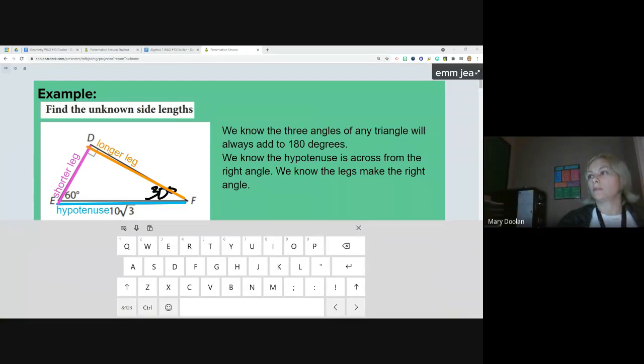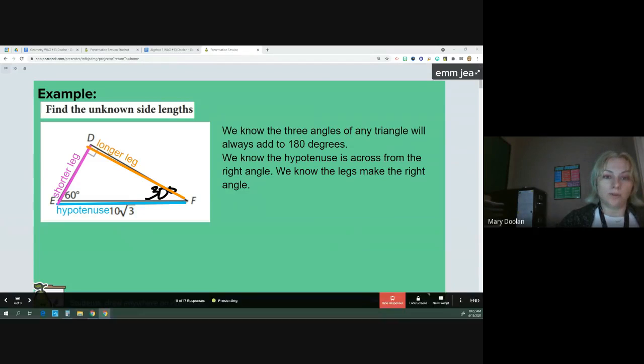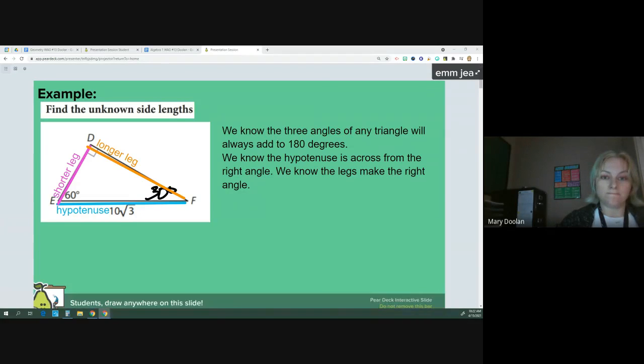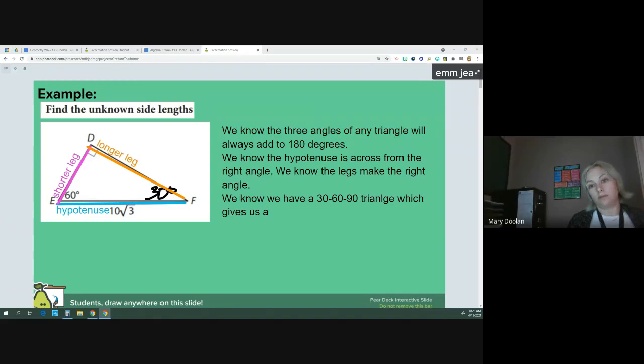Okay. Let's see, we also know we have a 30, 60, 90 triangle, which gives us a set relationship between the side lengths.